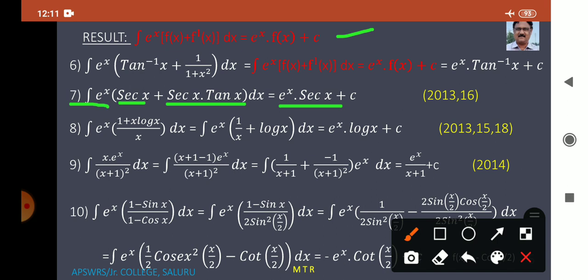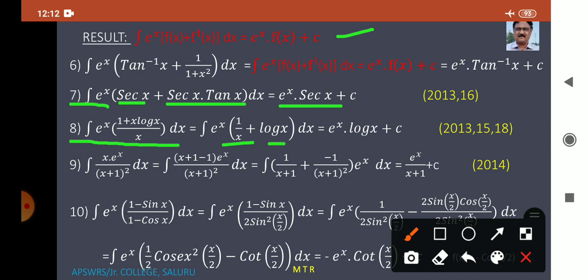Okay. Now next is the 8th problem. Evaluate integral e power x into 1 plus x log x by x. This is very important for our IPE, 2 marks. This came in 2013, 15, 18 also. So this is equal to integral, split this one fraction into 2 parts. That is 1 by x is one part. Here x log x by x, so x cancels, log x is another part.